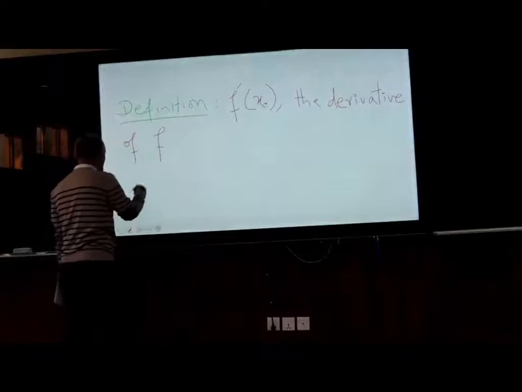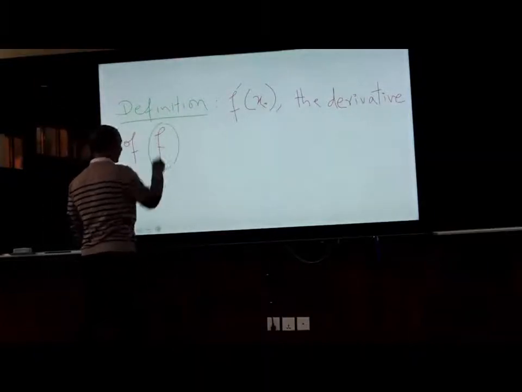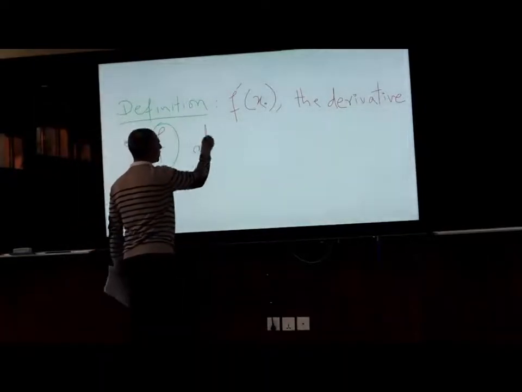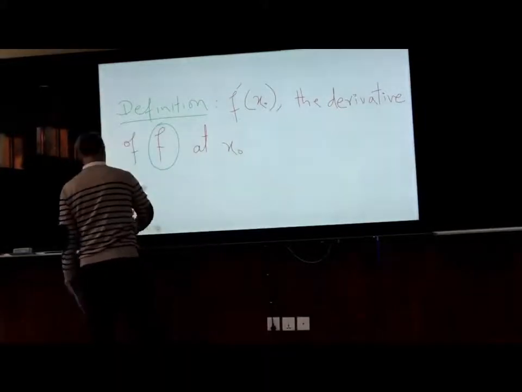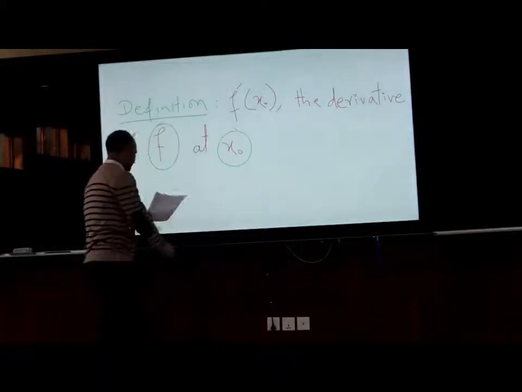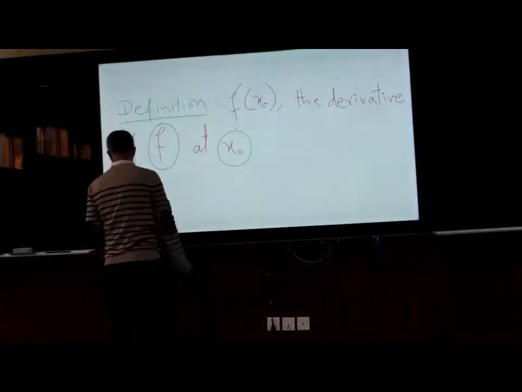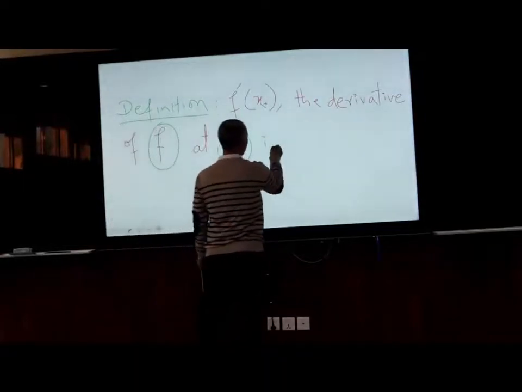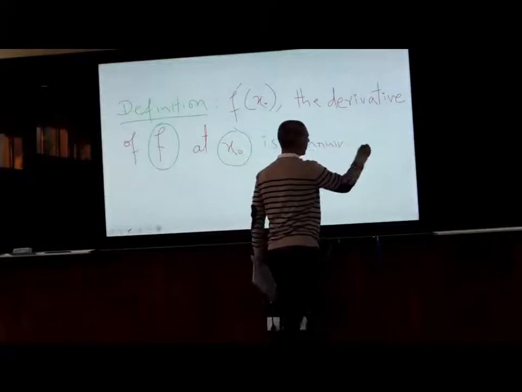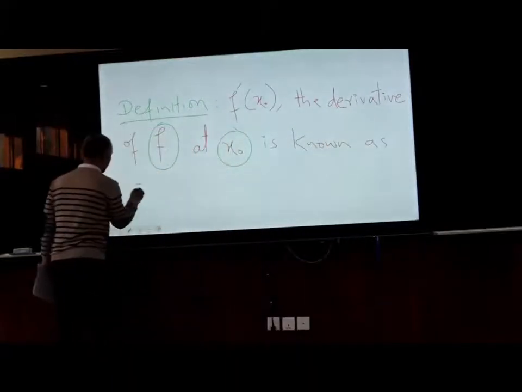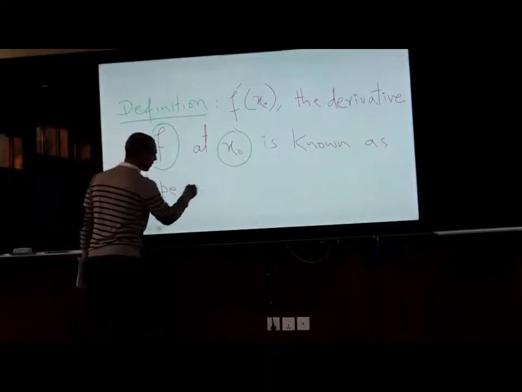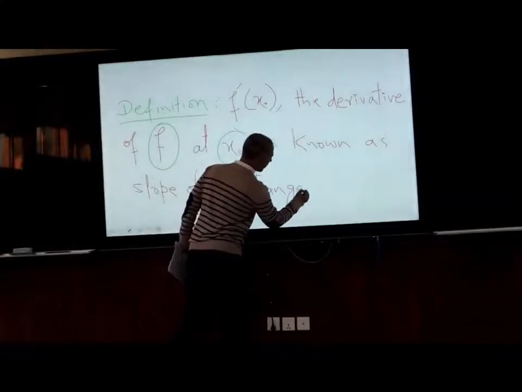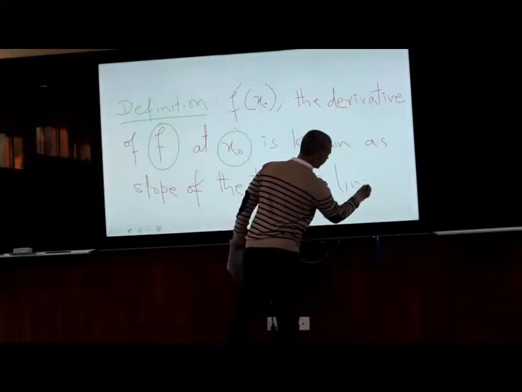Function means kind of any signal, audio signal. The slope of the function at a fixed point from the origin is known as the slope of the tangent line.